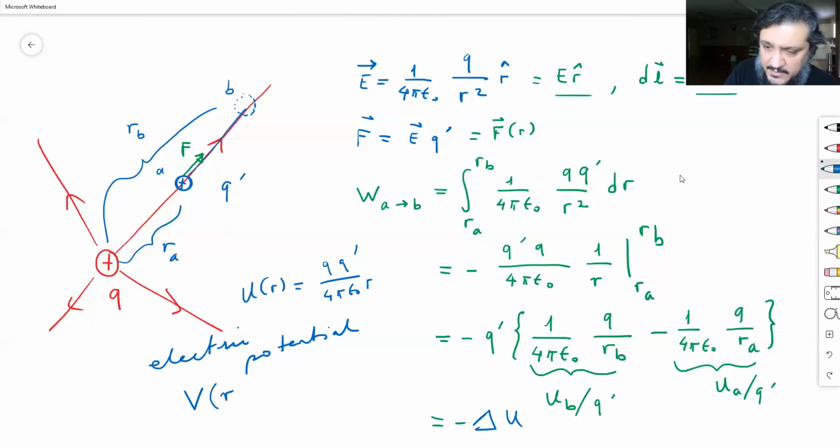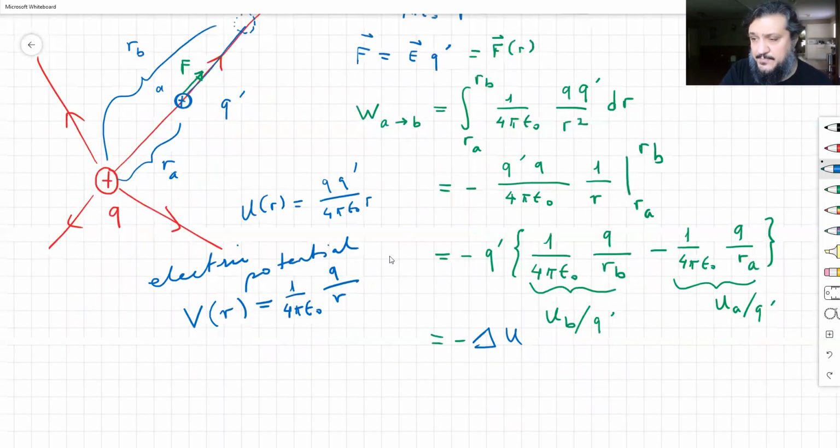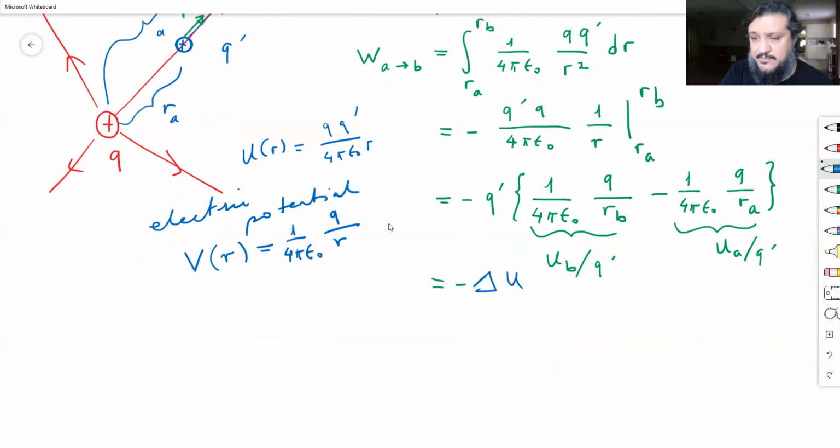So V of R, or V at R, because of the source, is 1 over 4 pi epsilon 0 times source charge divided by R. Okay, for point charges, this will be my electric potential. Now, the idea is you need a reference where this potential will be 0. So take R to infinity, for instance. 1 over R goes to 0.